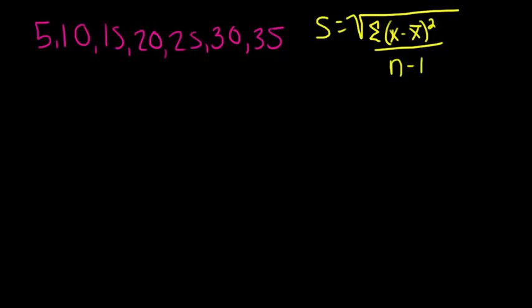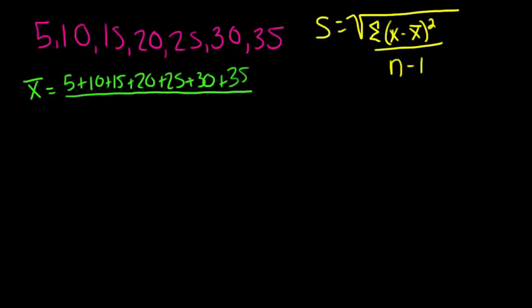Again, we're going to work outward, so we need to find the mean. Our mean is all of these numbers added together: 5, 10, 15, 20, 25, 30, and 35, all over n, which is 1, 2, 3, 4, 5, 6, 7, divided by 7.